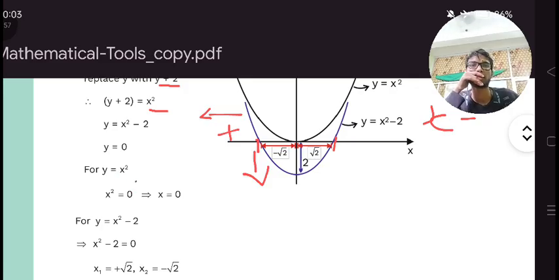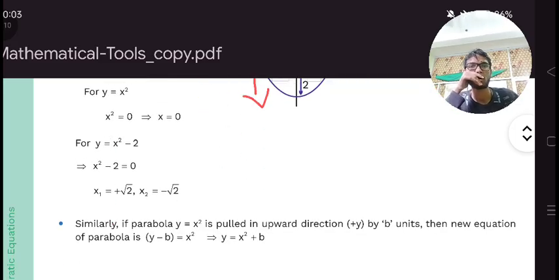For example, y is equal to x square is equal to 0, and x will be equal to 0. y is equal to x square minus 2.